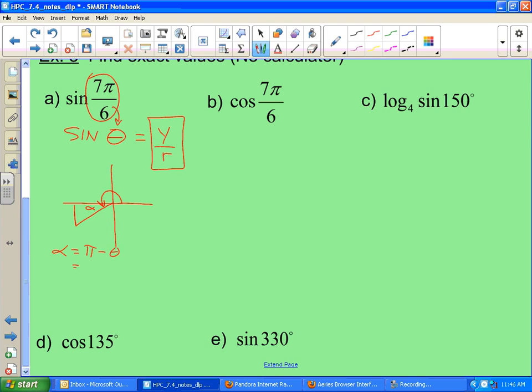I'm sorry, this one is quadrant 3, so this one is theta minus pi. So we have 7 pi over 6 minus pi, or 6 pi over 6, giving me a reference angle of pi over 6, which, yes, is 30 degrees. So you're going to need to know both. If I give you information as a radian, I want my answer in radians. If I give you information in degrees, I want my answer in degrees.